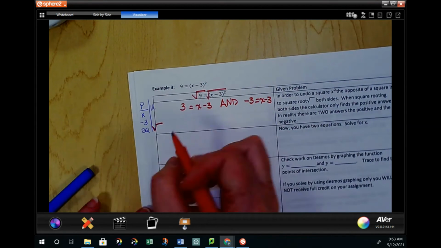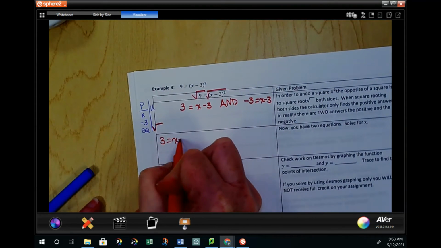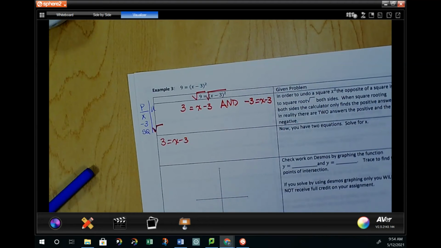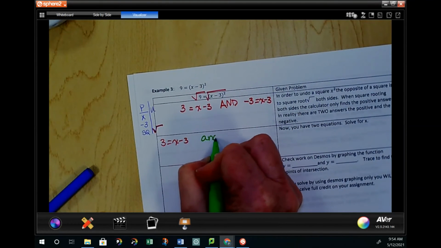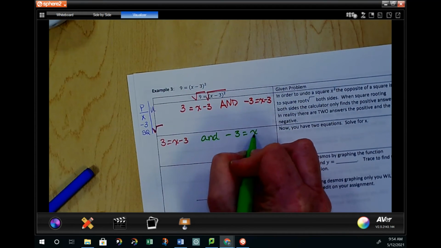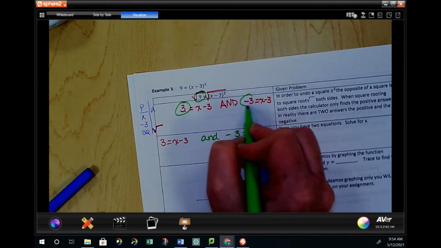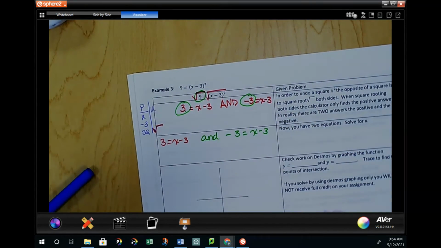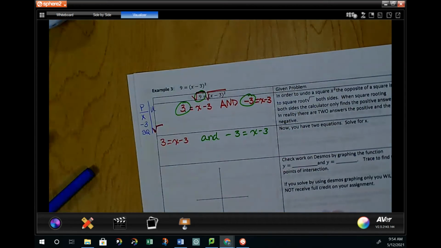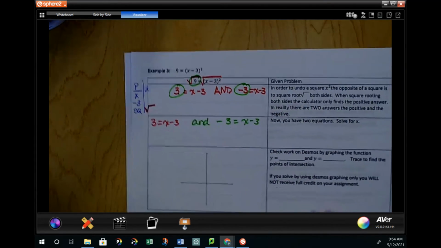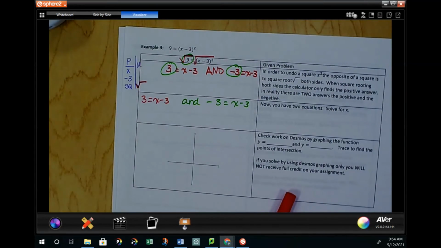So I have 3 is x minus 3, and negative 3 is x minus 3. Because the square root of 9 is positive 3 and the square root of 9 is negative 3. Again, Desmos will not give you that. No calculator will give you the positive and the negative version of that. This is where you have to use your brain.